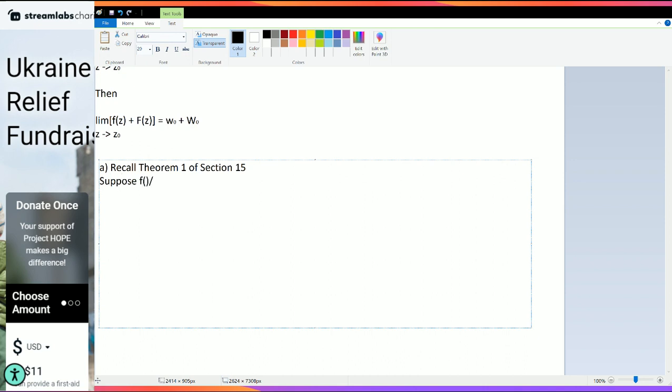Suppose f of z equals u of xy plus iv of xy, z naught equals x naught plus iy naught, and w naught equals u naught plus iv naught.